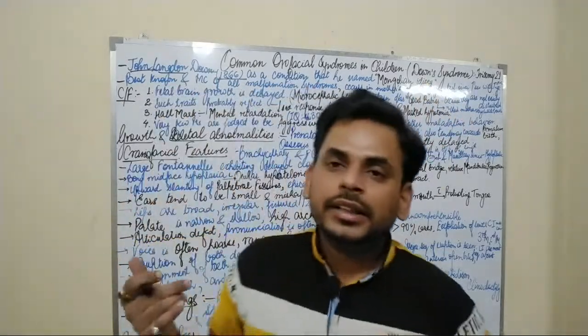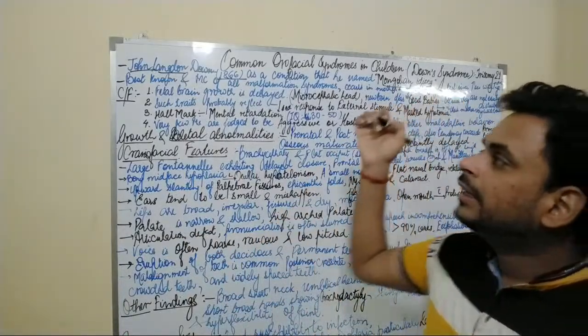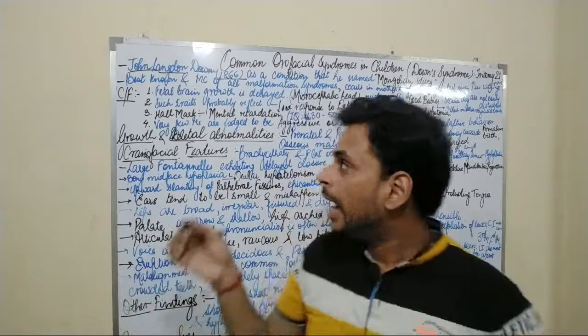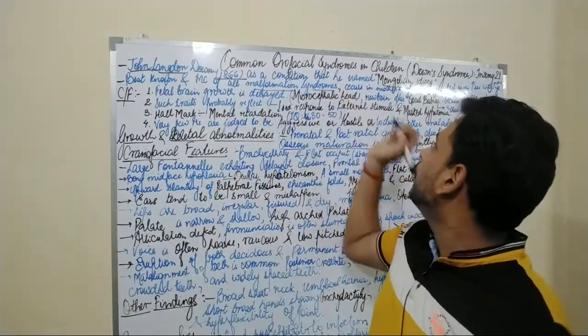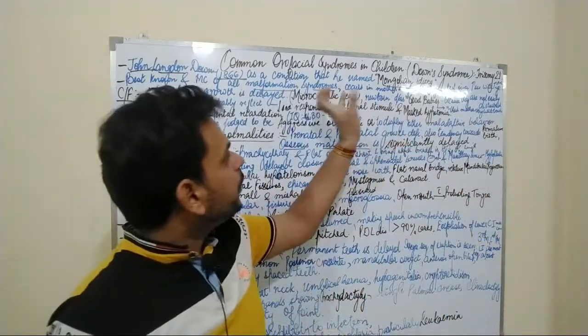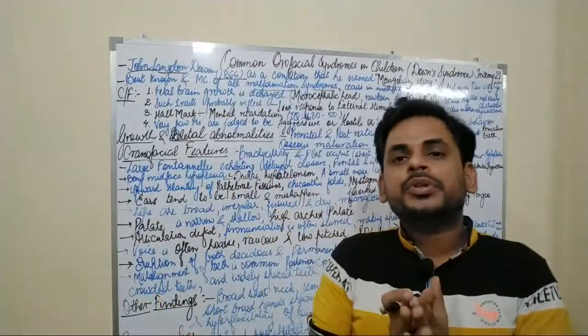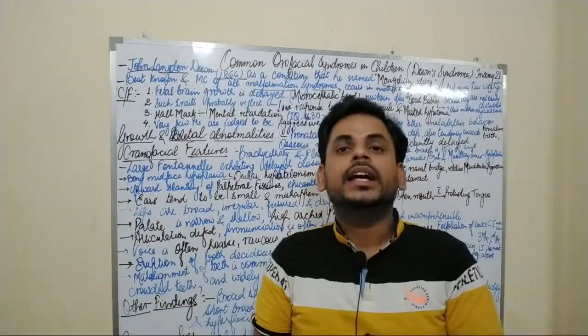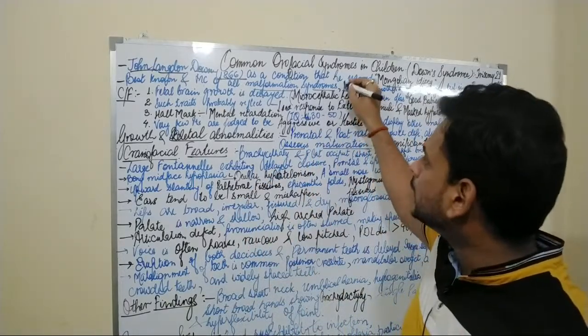Langdon Down defined it as Mongolian idiocy, and this is the best known and most common of all the malformation syndromes, the syndrome most frequently seen in children. And what causes this syndrome?